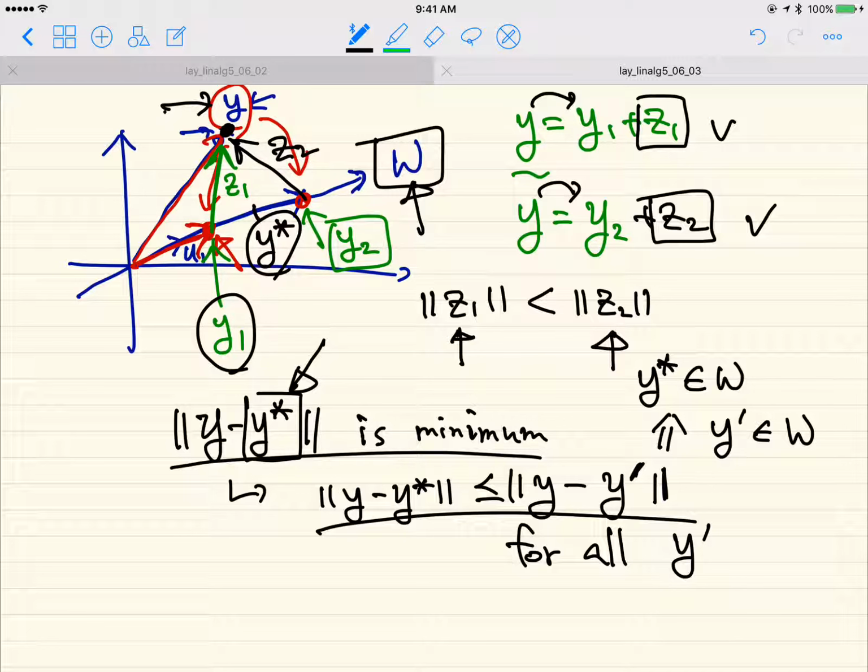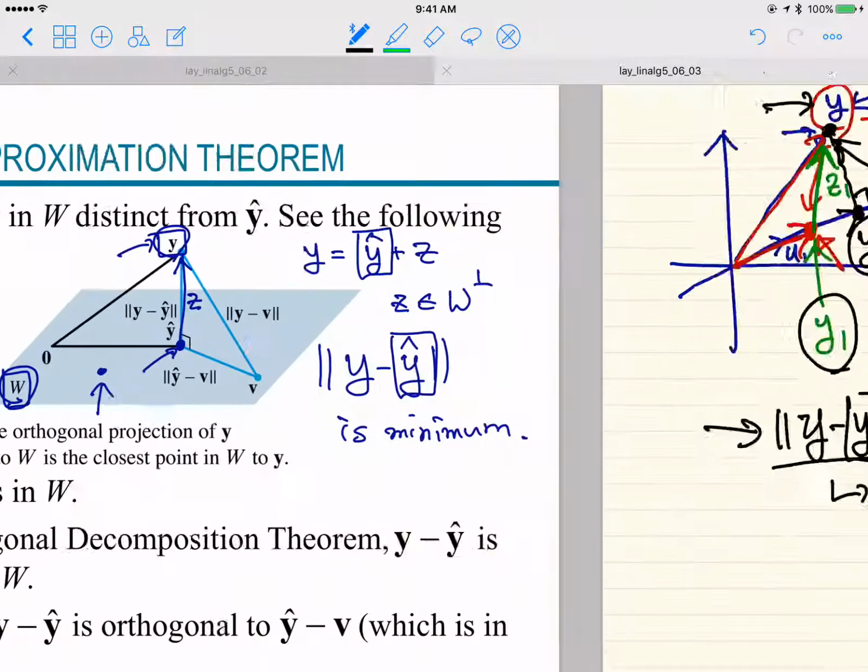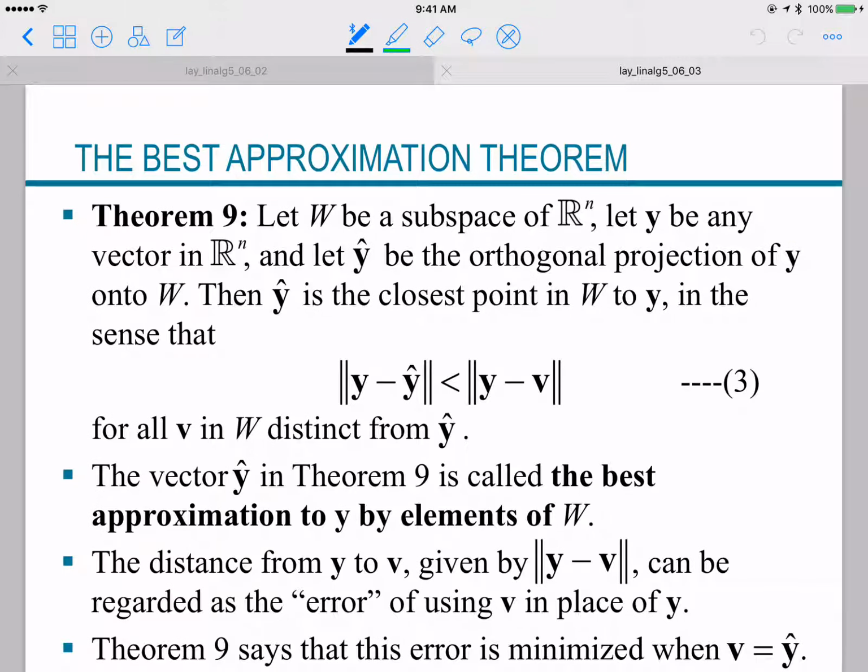You just project this point orthogonally to our subspace W, and this orthogonal projection will become your best approximation in this sense, or based on this condition. This is theorem 9, which is called the best approximation theorem.